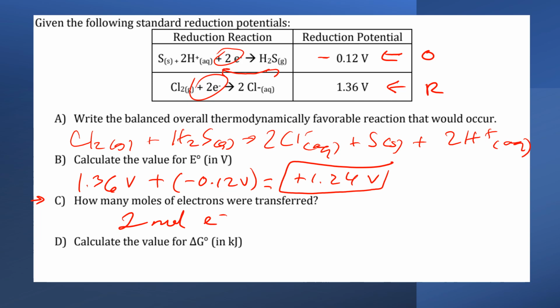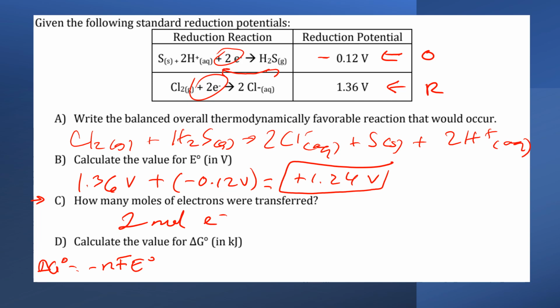So remember that delta G0 equals negative N times Faraday's constant times E0.